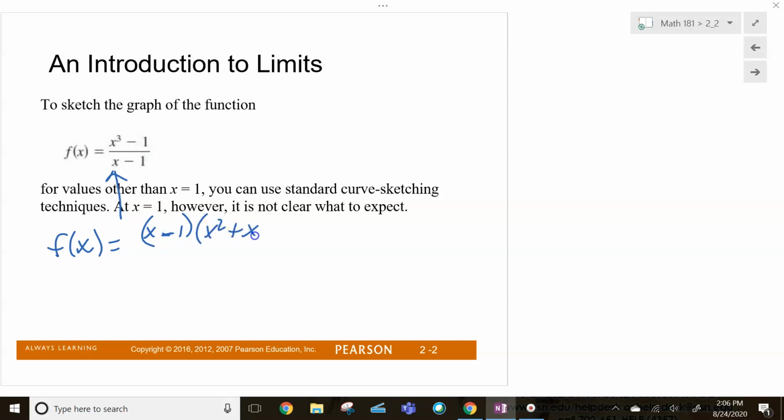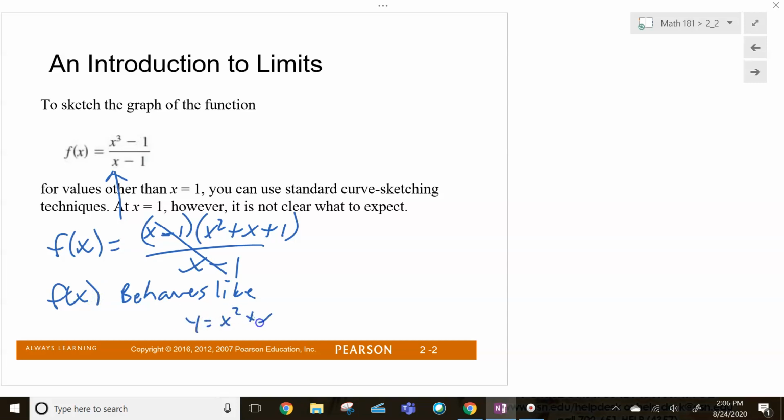So you got this, which means f of x graphically behaves like this quadratic, except it has a hole.